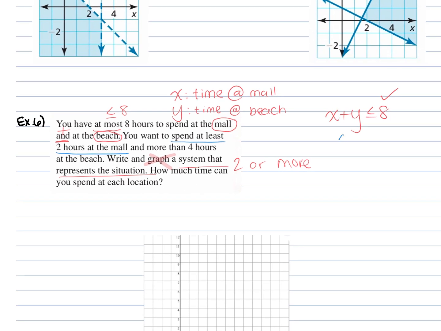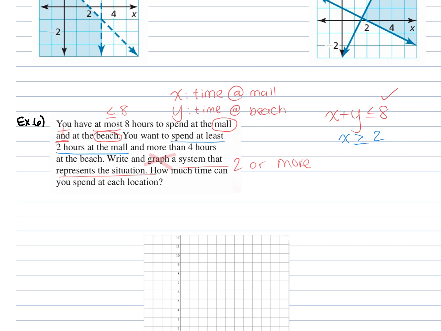X is greater than or equal to 2? Yeah. Do we agree with Matthew? I do. He is right.